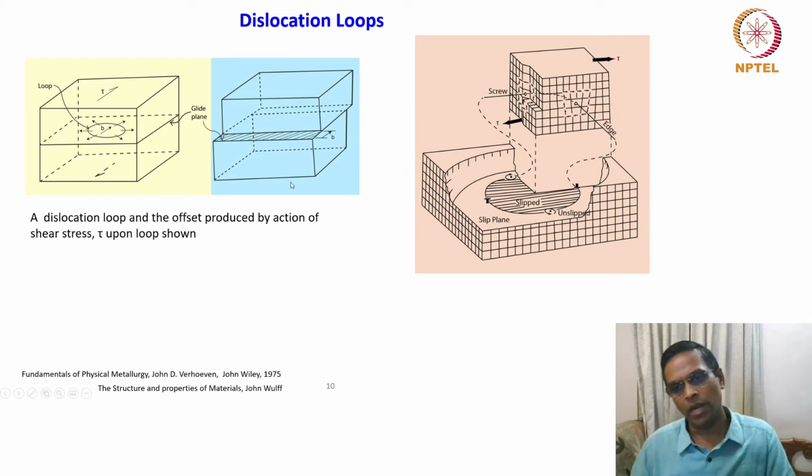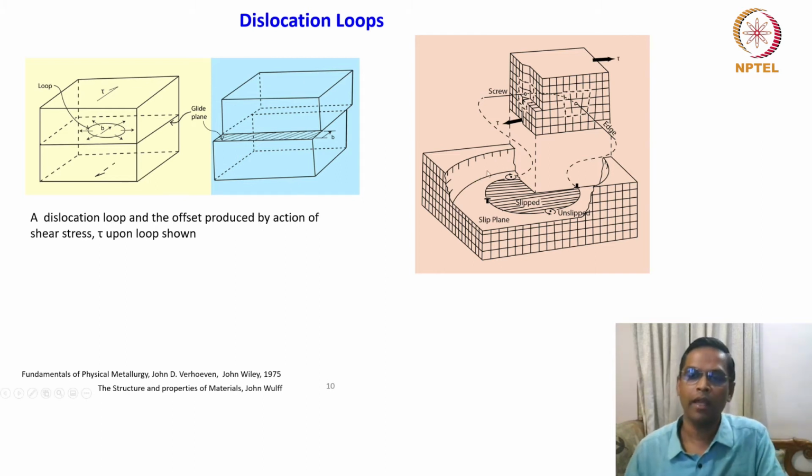See, the other schematic shown here will give you much more clarity. Suppose you imagine that a huge chunk of a crystal unit has been taken out from the larger crystal, something similar to this, which has a dislocation loop in it.